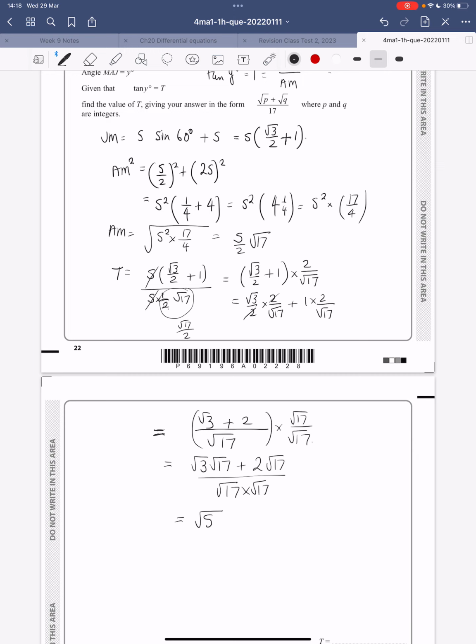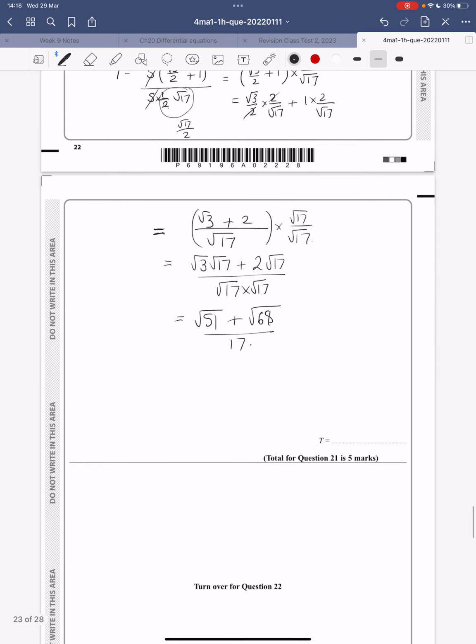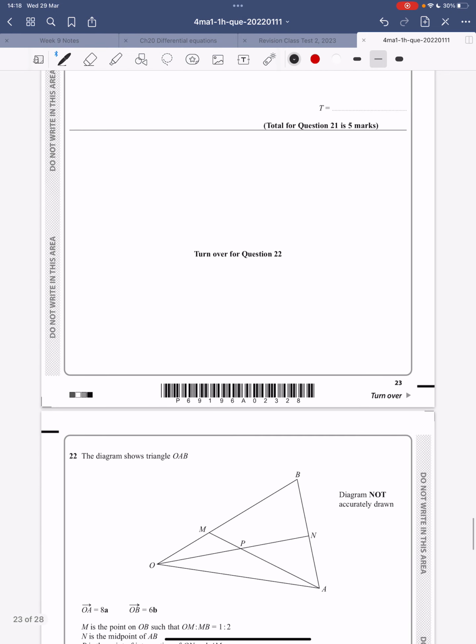This is going to be root 51 plus root, now the 2 to the left of the square root sign is a 4 underneath it, and 4 times 17 is 68 over 17. So there we are, P is 51, Q is 68, or vice versa.